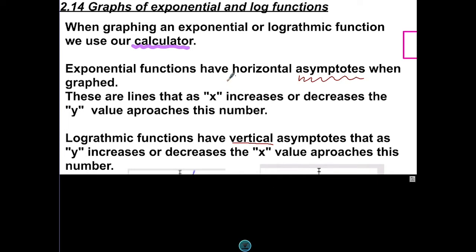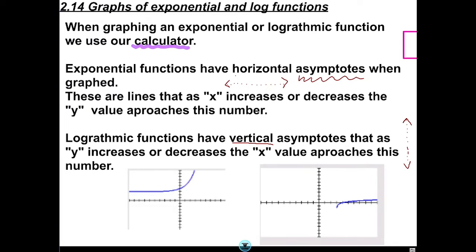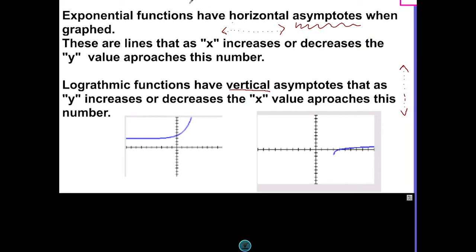So first of all, for horizontal asymptotes, we're going to use a dotted line to represent these areas on the graph for exponentials, and we're going to use a dotted line but make it vertical on logarithmic functions. I have two examples here. On this first example, which is an exponential function, this is kind of what it's going to look like on your calculator.